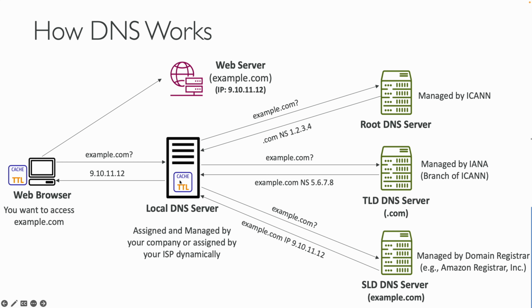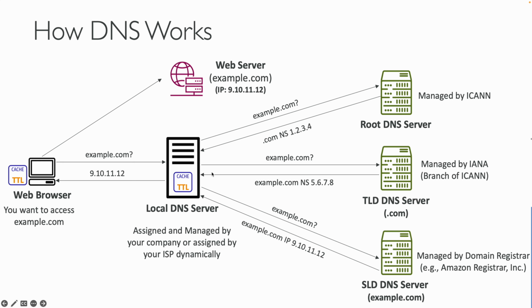The local DNS server then goes to the top level domain servers, which respond, yes, I know example.com, and it is in name server 5678, which knows the server bound to this domain.